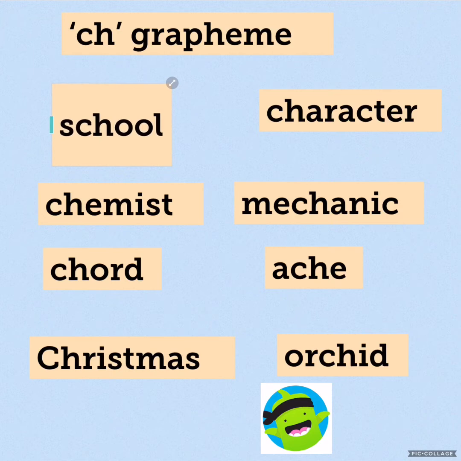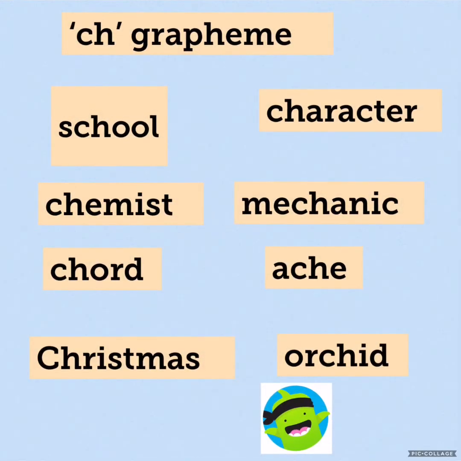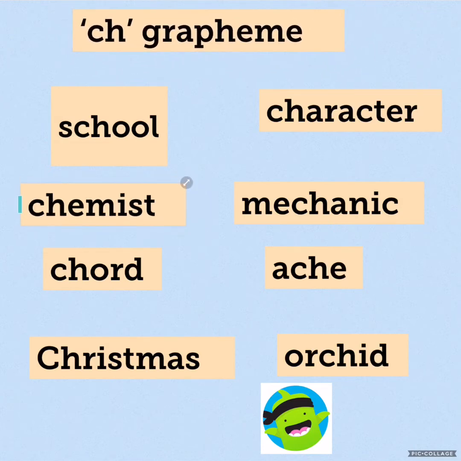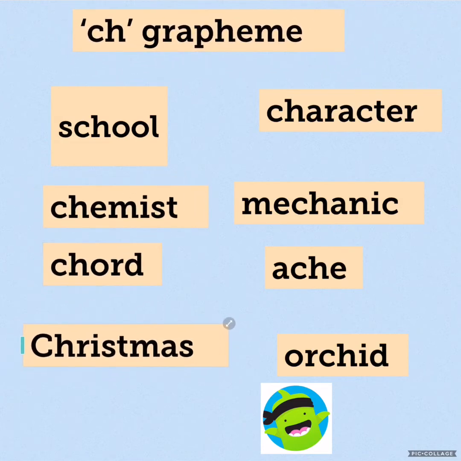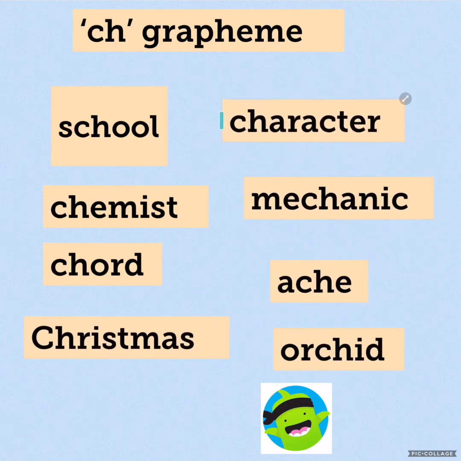Did you hear the K sound represented by that CH? If you did, well done. So in English, sometimes the K sound is represented by the letters CH, and these are some CH words. Please read them to your mom or dad, and there are some quite difficult ones.